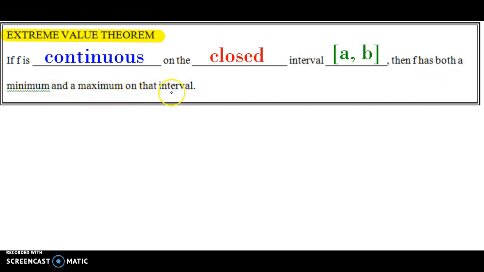So let's think about what this is saying. We know this is a condition that must be true in order for this to be true. The condition is that f is continuous on the closed interval a to b. Notice that this does include the endpoints. Since it includes the endpoints, then f has both a max and a min on the interval.